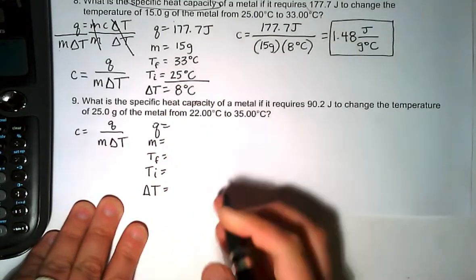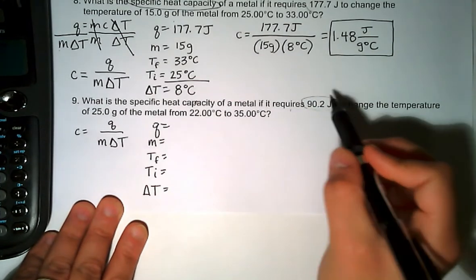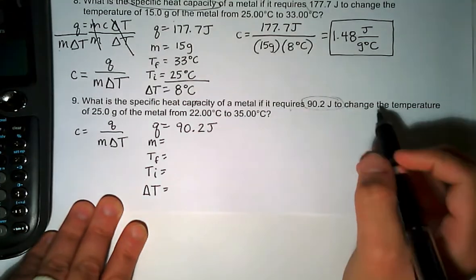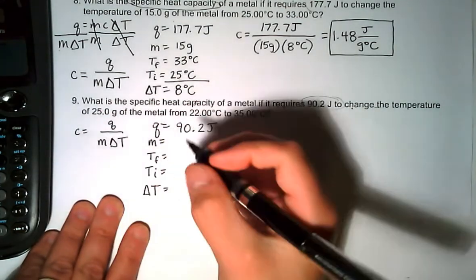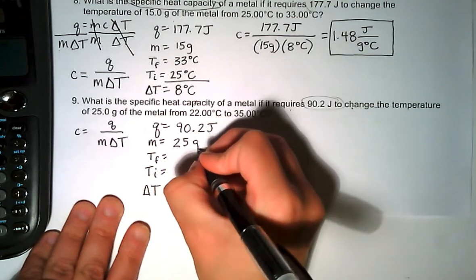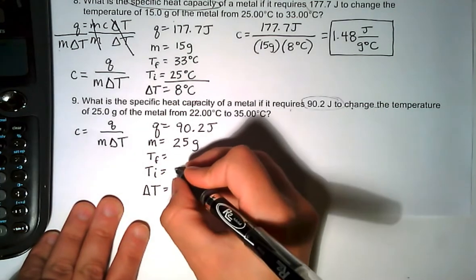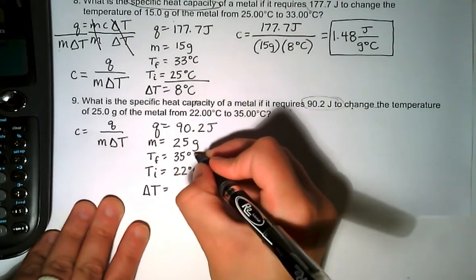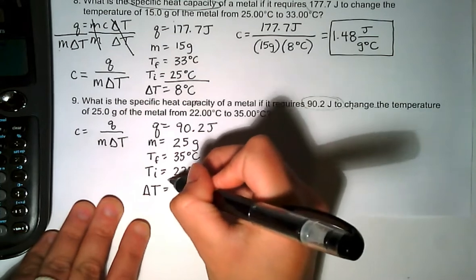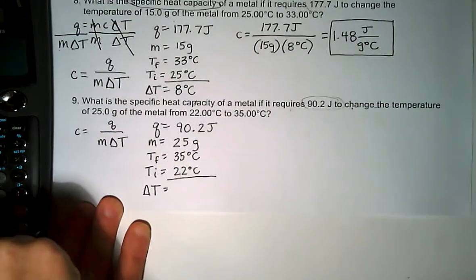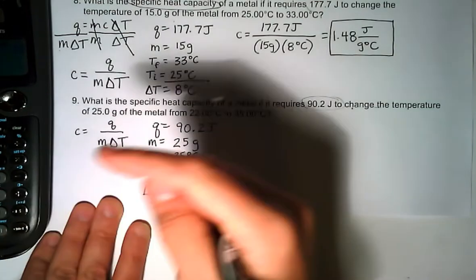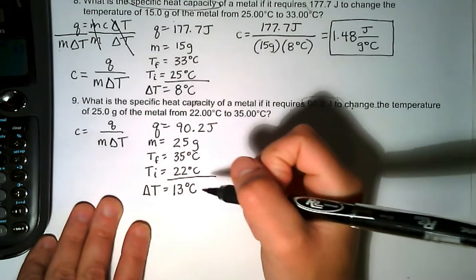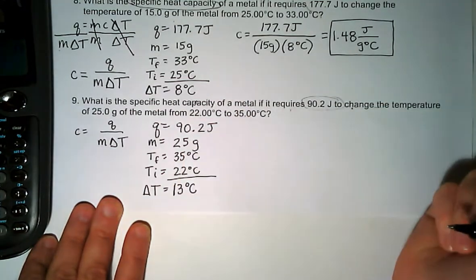Write out all my variables. If it requires 90.2 joules, so that of course is my Q, 90.2 joules of energy, to change the temperature of 25 grams, so that's my mass, from 22, so that's my initial temperature, to 35, so that's my final temperature. And so of course to get delta T, I'll do 35 minus 22, which I'm not confident in my math abilities right now apparently, so I'm doing that in my calculator, 13 degrees Celsius.